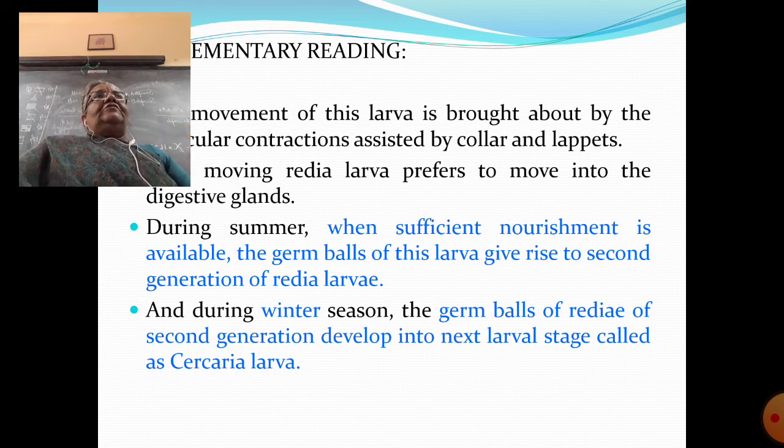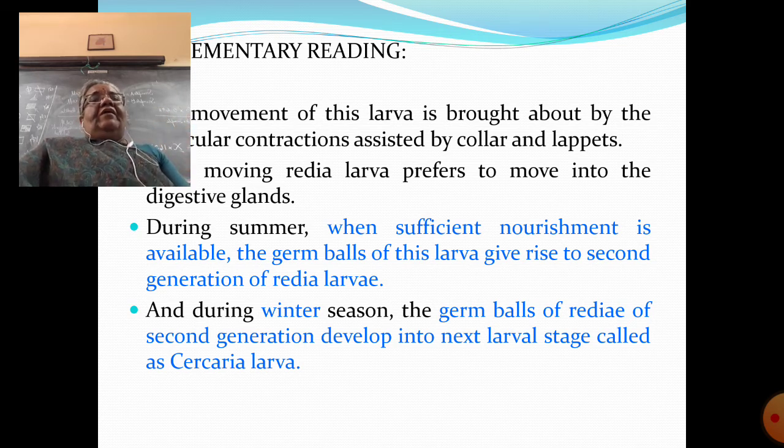They don't develop into the next larval stage, but they again give rise to a second generation of Redia larva.